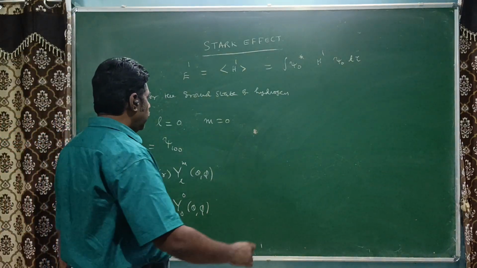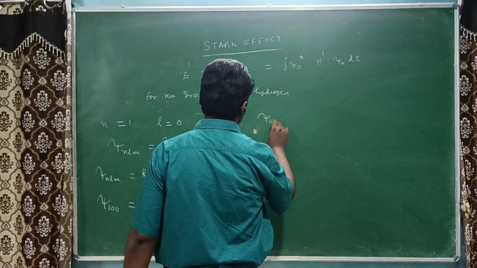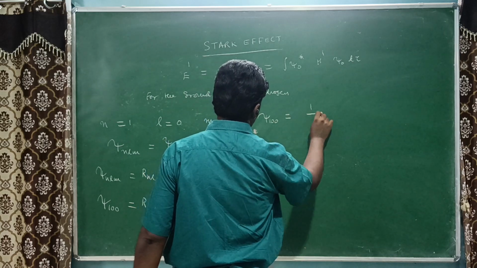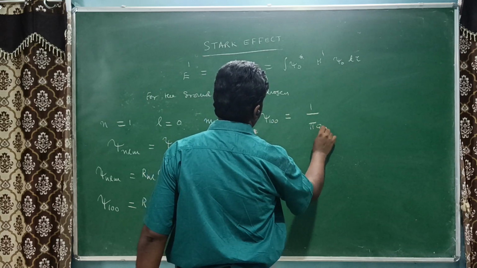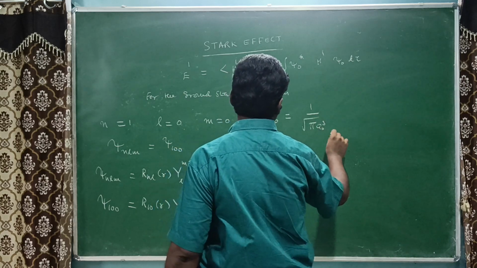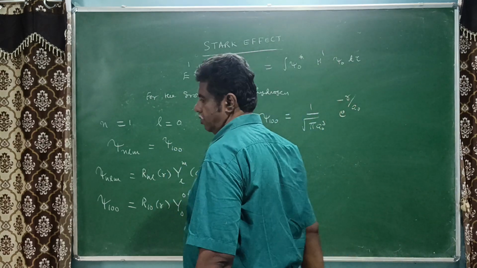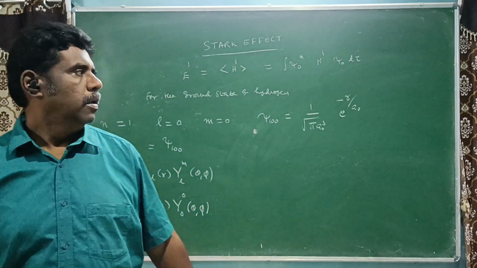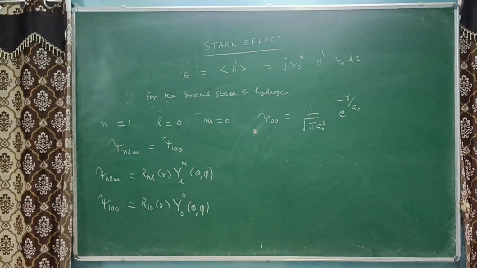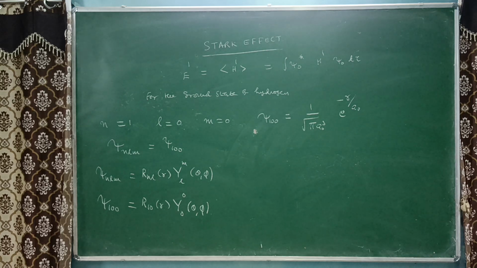From the problem of the hydrogen atom, we have arrived at the value of psi 1 0 0 as 1 divided by pi a0 cube inside the root into e power minus r divided by a0. This is the value of psi 1 0 0.